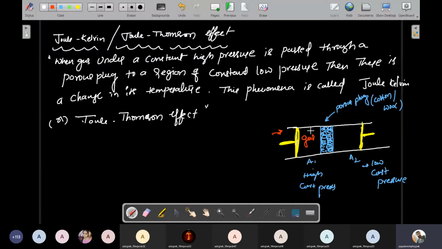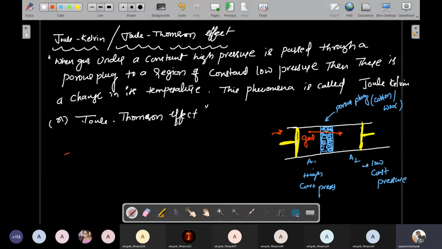So what will happen? The temperature of the gas is changed.